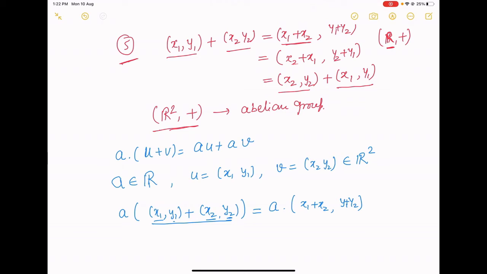So a is operated on (x1 plus x2, y1 plus y2), so a is multiplied inside: (a operated on x1 plus x2, a operated on y1 plus y2). This gives you a x1 plus a x2, and a y1 plus a y2.